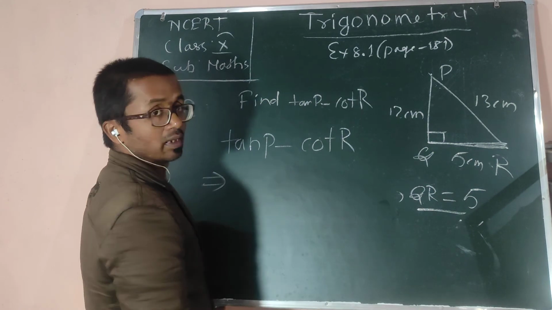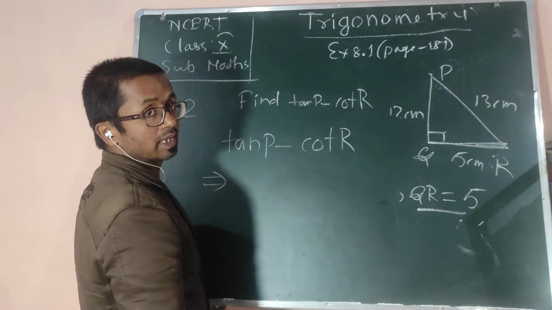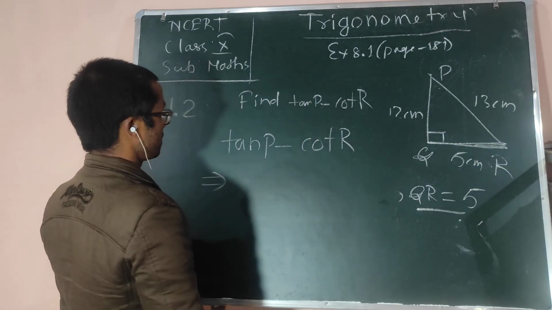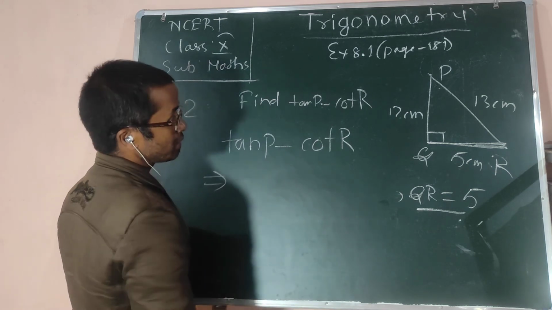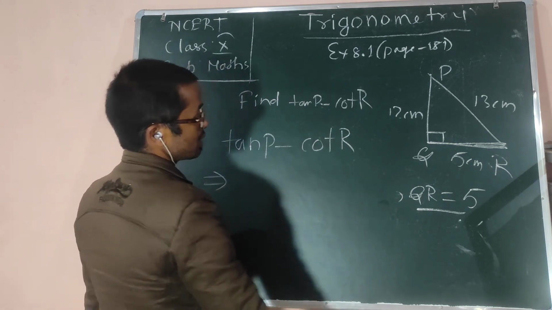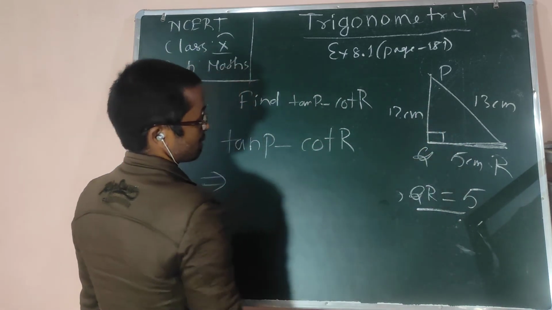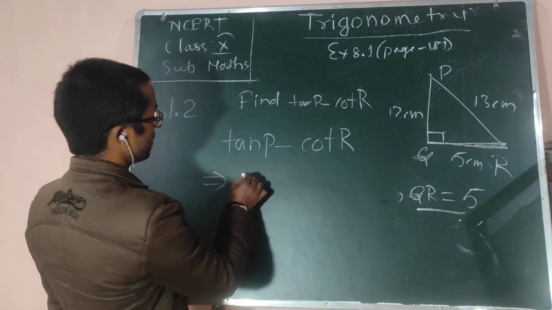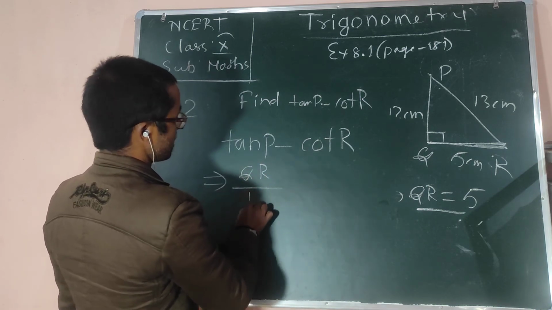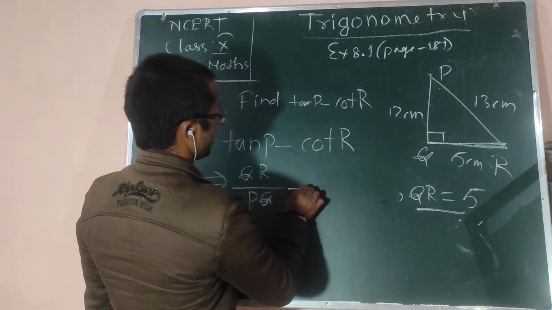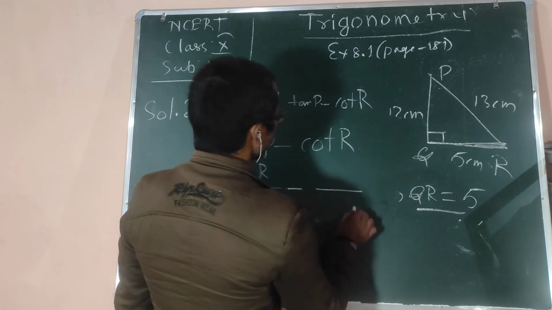Remember, in tan and cot, there is no hypotenuse. So what will be the ratio for tan P? Opposite side by adjacent side. This is the opposite side and this is the adjacent side. Therefore, we can write: opposite side by adjacent side, that is PQ by QR, minus cot R.